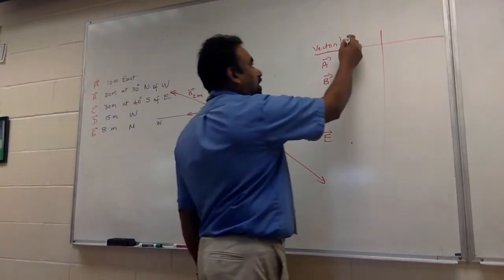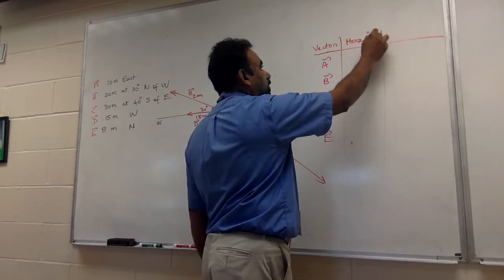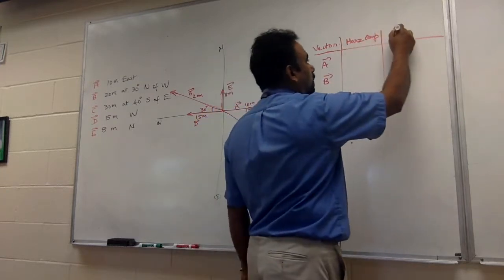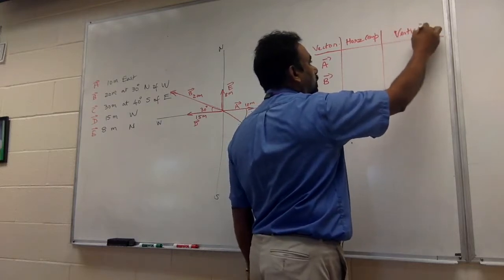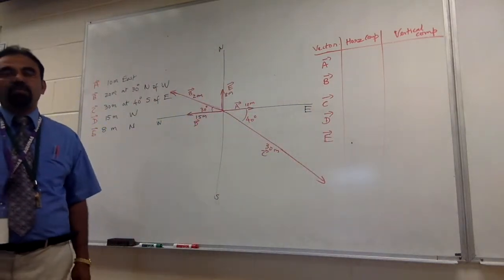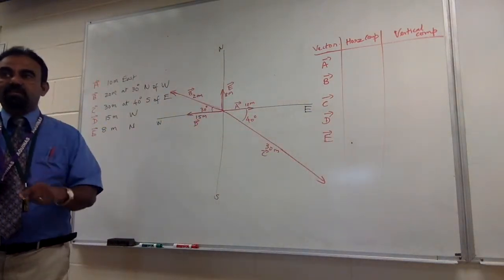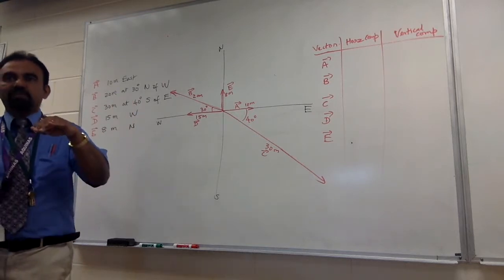And this is our horizontal component, and this is our vertical component. So we are going to split each vector into how much is it horizontally, how much is it vertically. Do you get it?